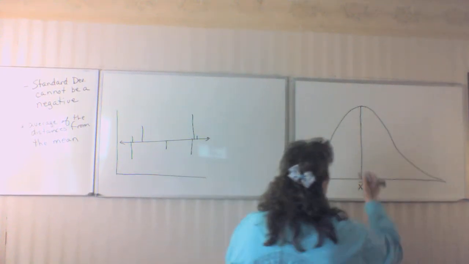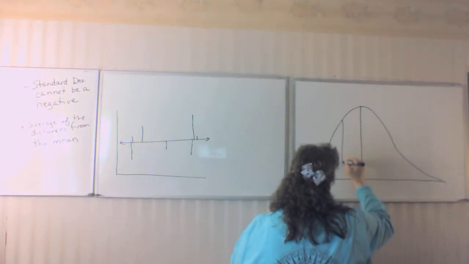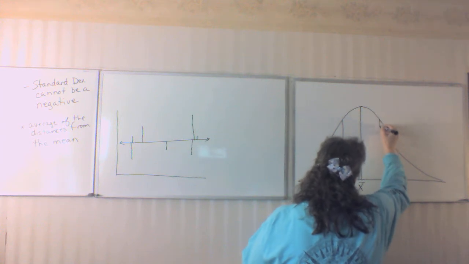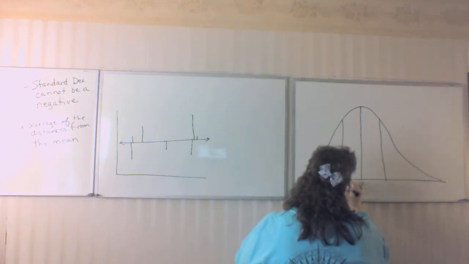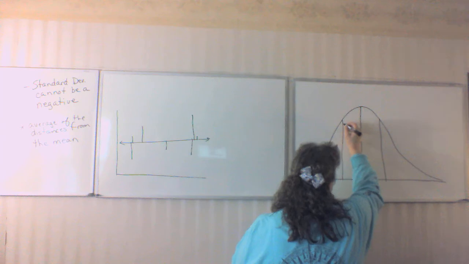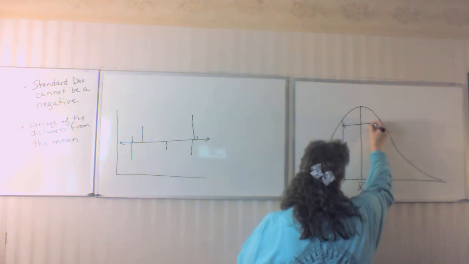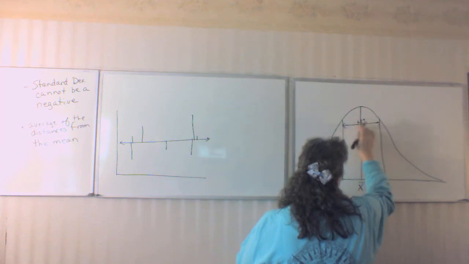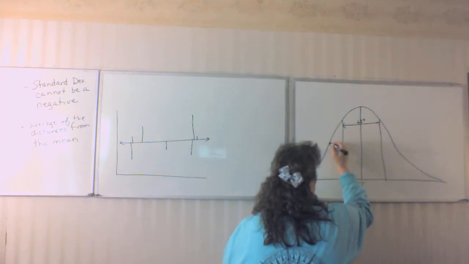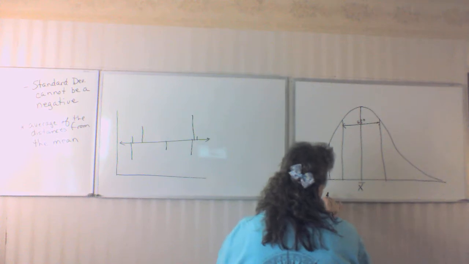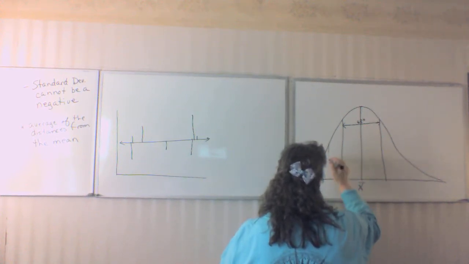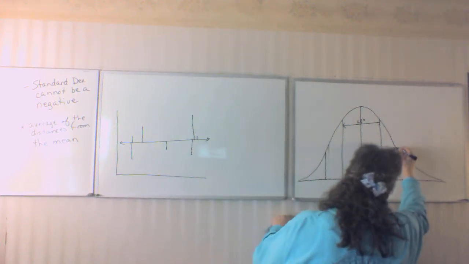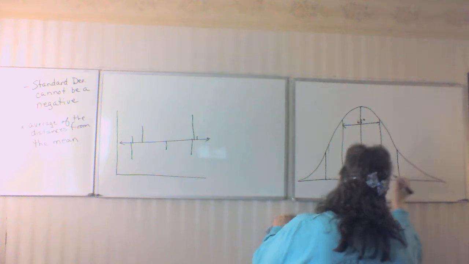Now, one standard deviation on each side of that mean, one to the left and one to the right, contains 68% of all the data. And then we have here another standard deviation on each side. Let's make it a little bigger so they're even.